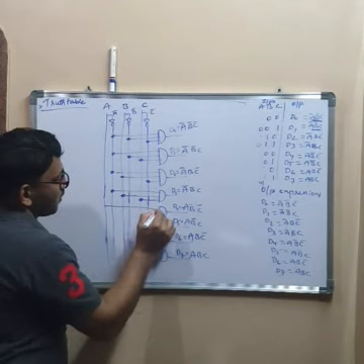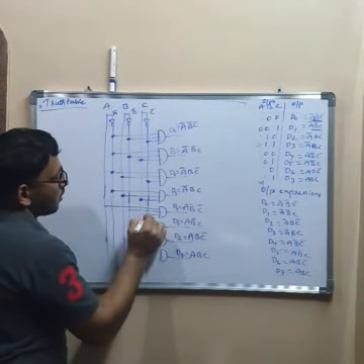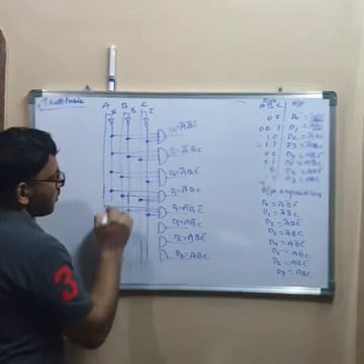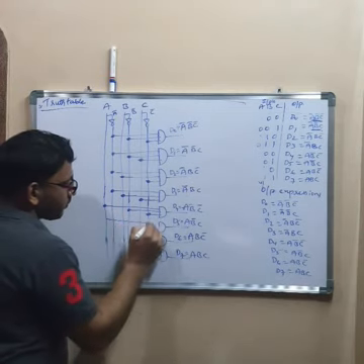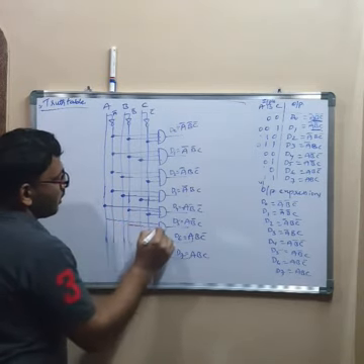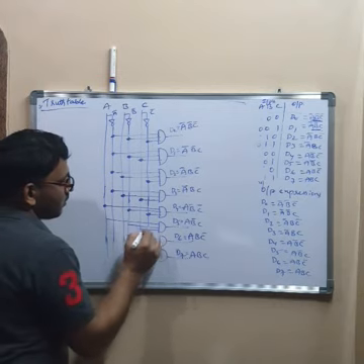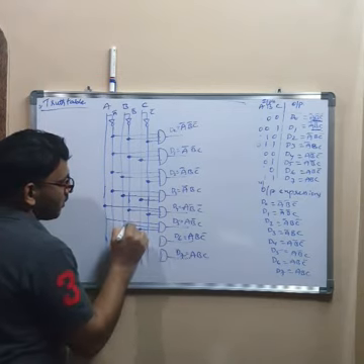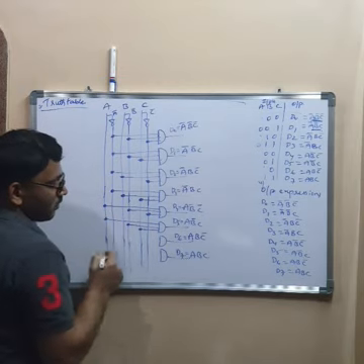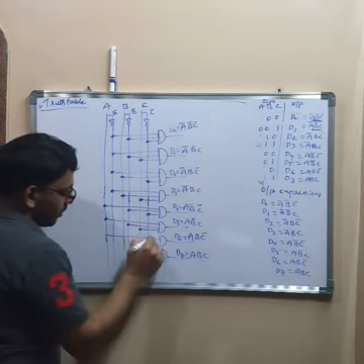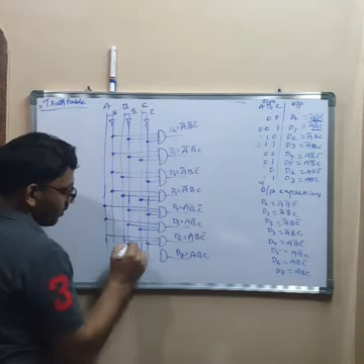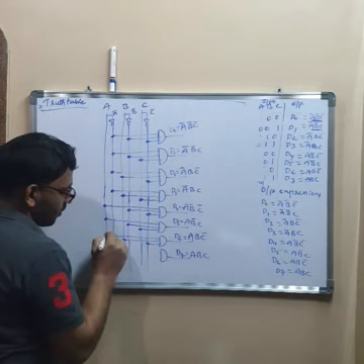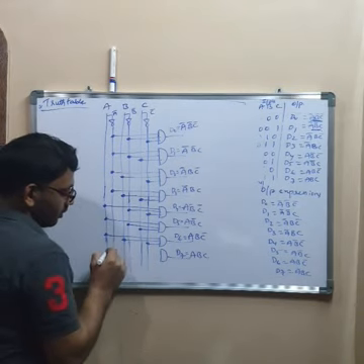A, B bar C bar. This is D5. A, B bar, C. This is ABC bar. A B C. This is ABC.